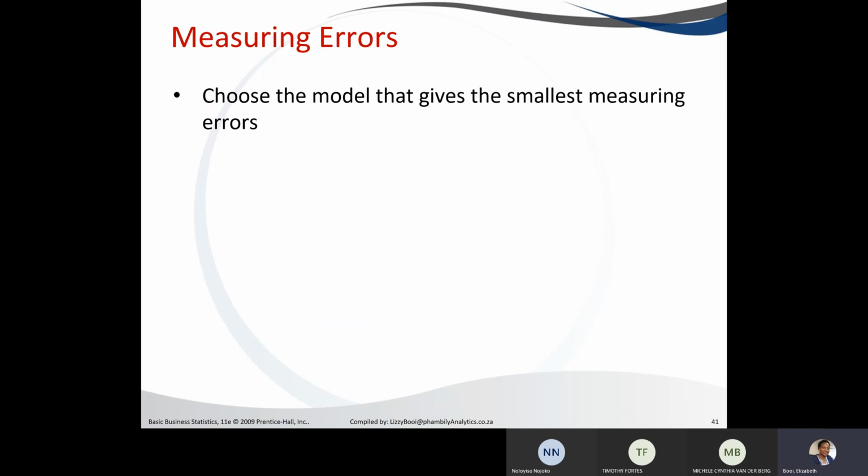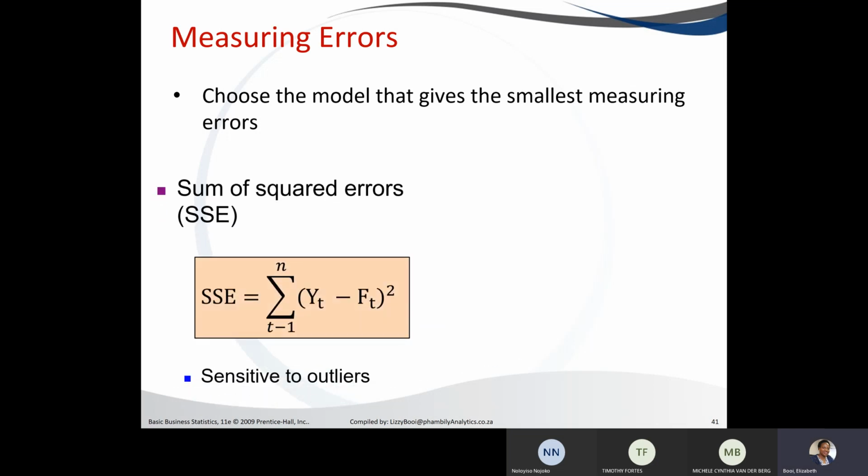And the first measure that we can use is the sum square errors, which we calculate by adding all your estimated values minus your forecasted value. So this is your actual minus your forecasted values.